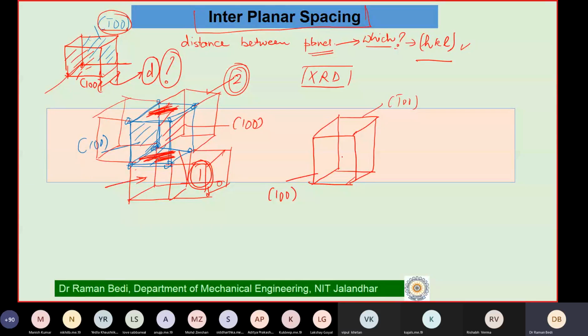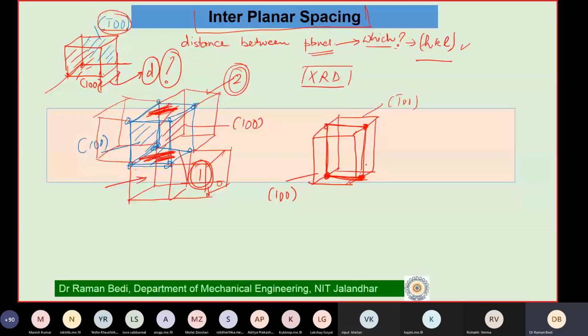So where is the 2 0 0 plane? Sir, parallel to 100 and the front face of the unit cell before this. No, not that. 200 means the intercept is half. Yes, sir, between them. So 200 will be here. Okay.